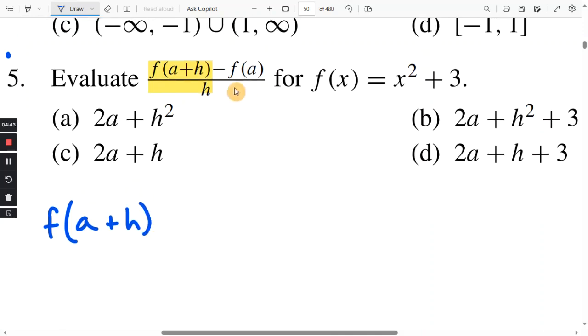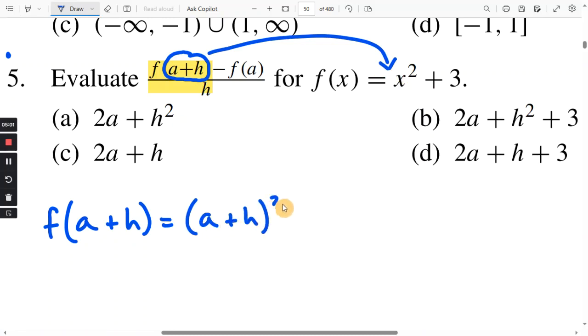that means you are subbing in a plus h wherever you see an x. So that goes into the x squared. All right, so f of a plus h is going to be a plus h squared plus 3. All right, and you can write this twice if you want.